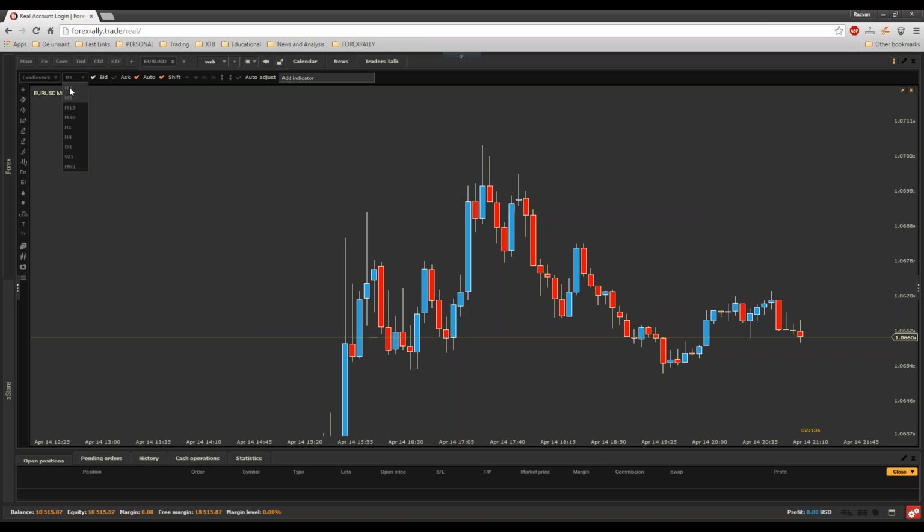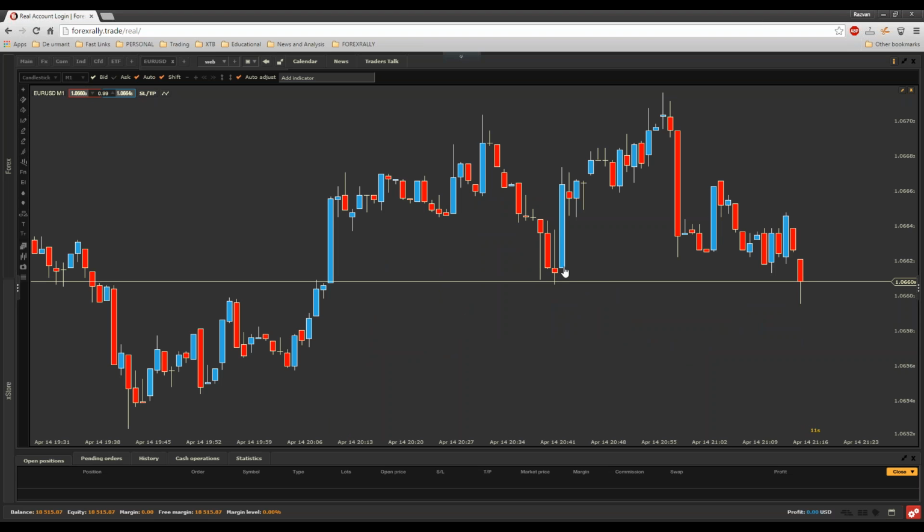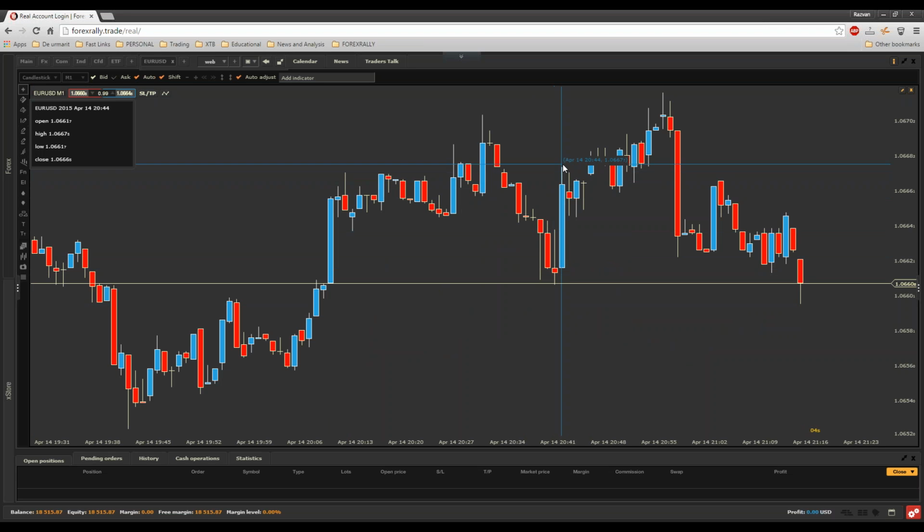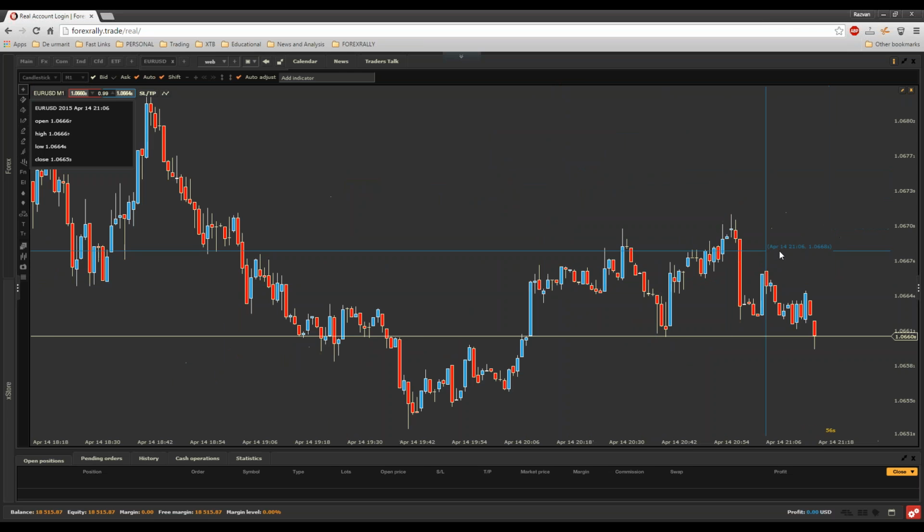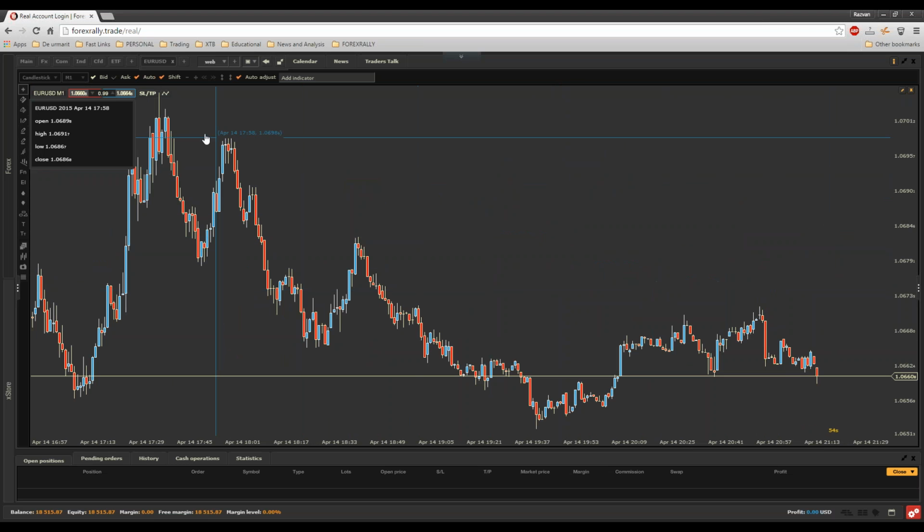If it's 1 minute, it means that in 1 minute the price moved from the price of 106.61 all the way up to 106.67, but closed at 106.66. And this is the evolution of the price.